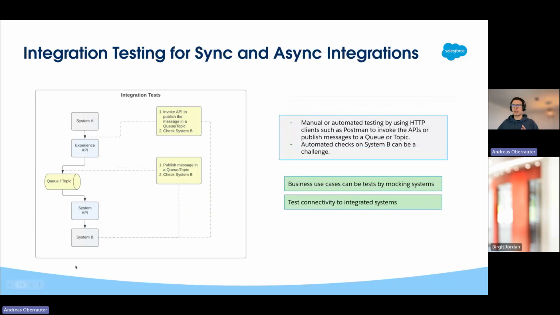So we trigger the experience API, and then we check in the external system again if it has arrived accordingly. This can also be done automated, but it's not that easy because you actually don't know when this message is processed, right? So you need to have some kind of script which is then also polling or somehow receiving an event from the system that the message has arrived in order to check against whatever you are expecting at the end.